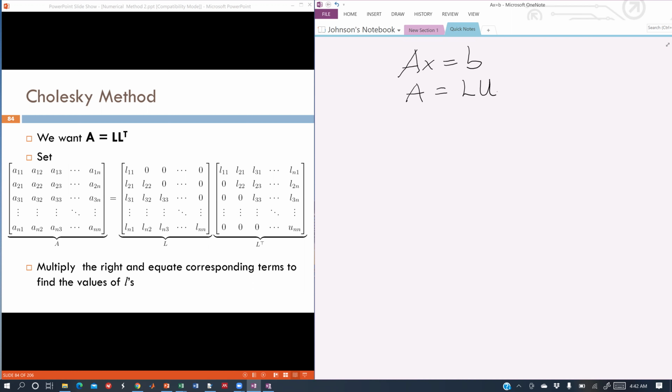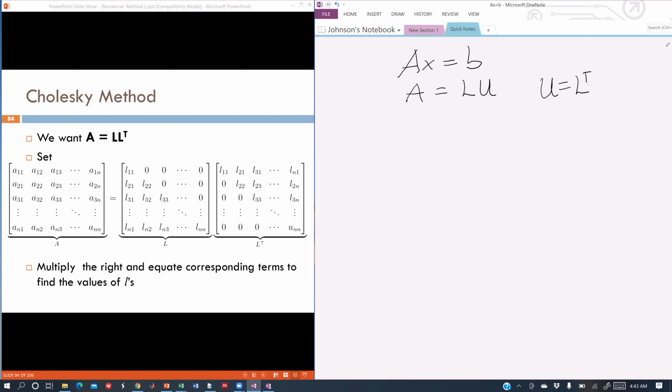Cholesky comes in with a very special way of decomposing the matrix A into L times U, where only the U is generated from the transpose of the L. So this makes it very special in decomposition.